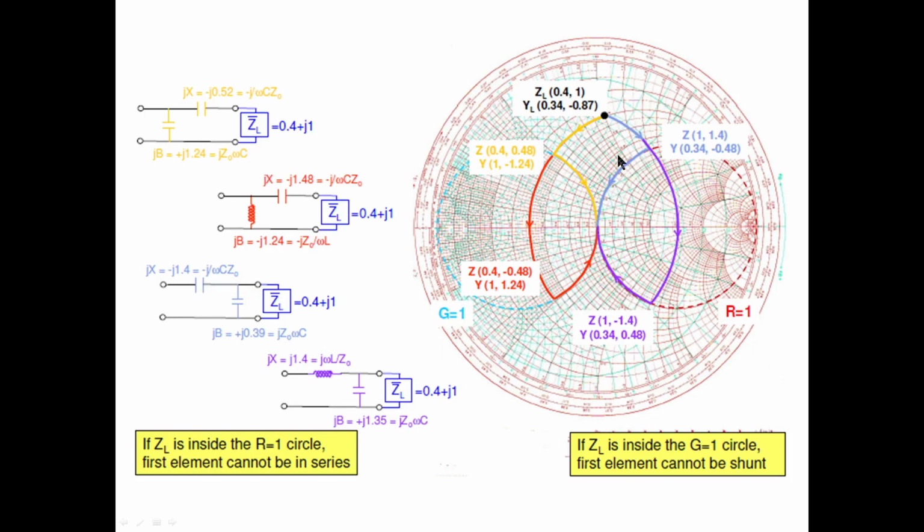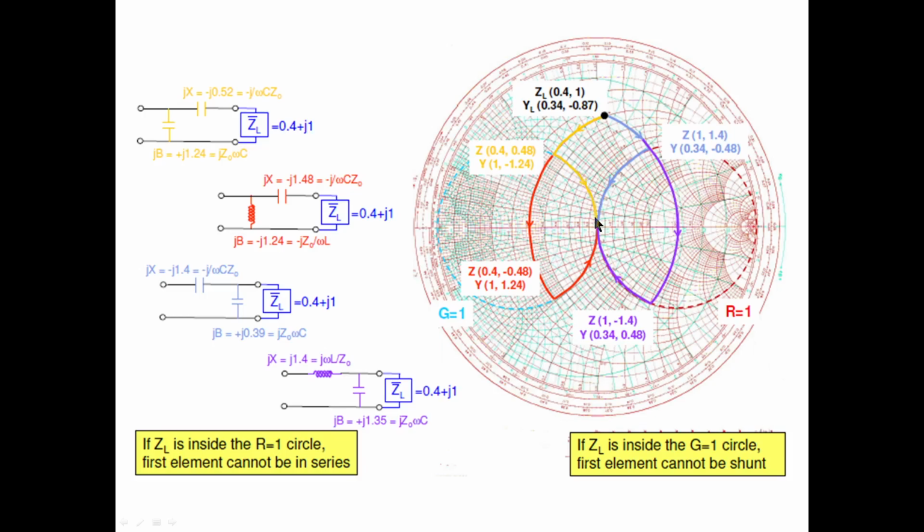Another solution you can see here is the yellow color one. From here we move over a resistance circle, and after reaching the G equal to one circle, we move to the center of the Smith chart on a conductance circle. Here we moved on the resistance circle, but after reaching the G equal to one circle, we switched to the conductance circle.